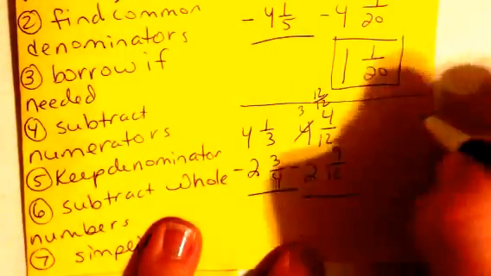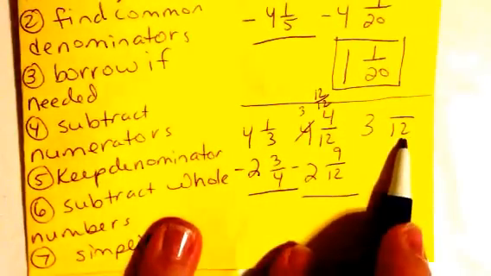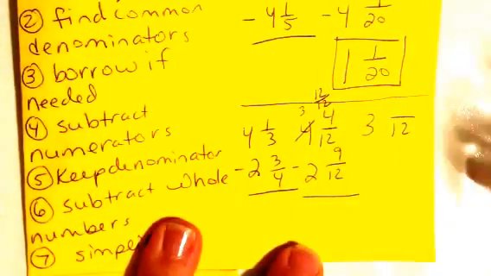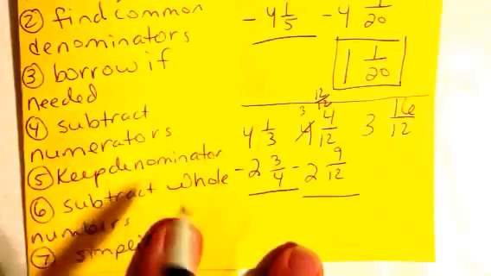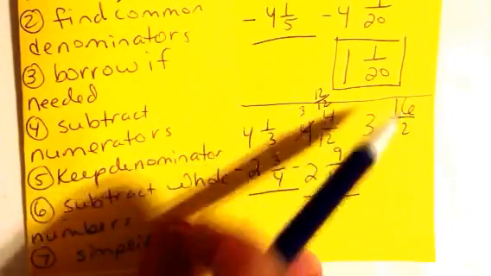Well, a trick for this is to keep the denominator the same, add the denominator and the numerator, which is 16. And you can see that's what we're doing over here. We're really borrowing 12/12. 12 plus 4 is 16.